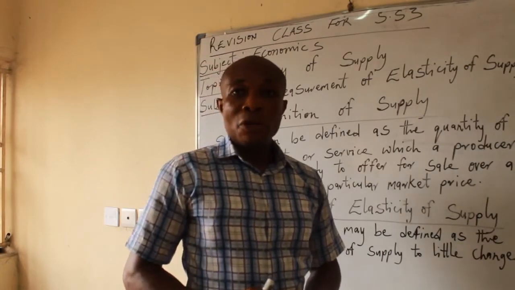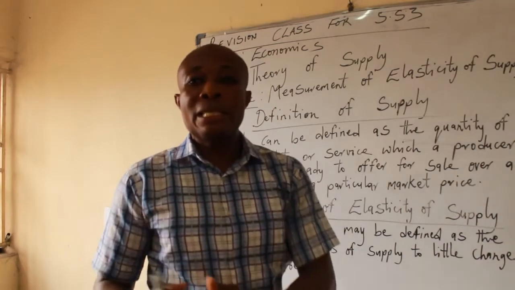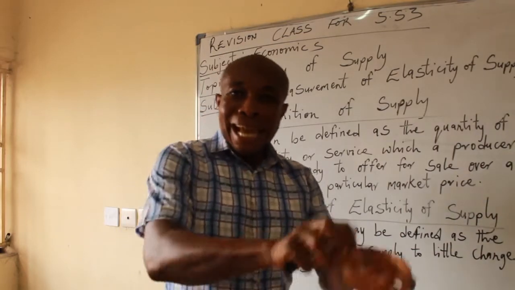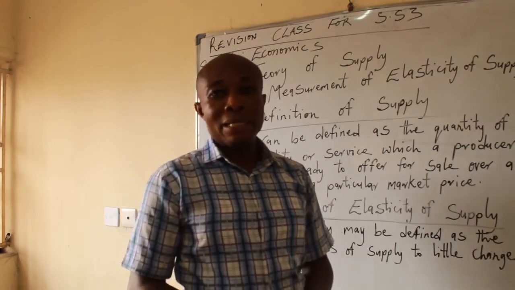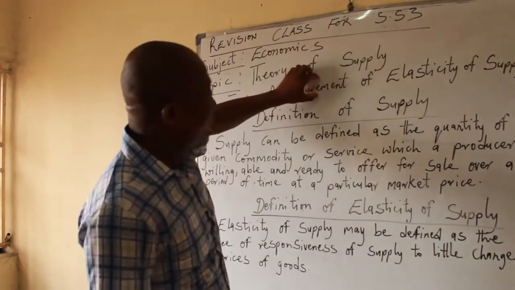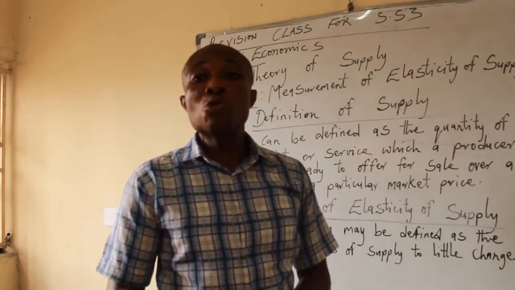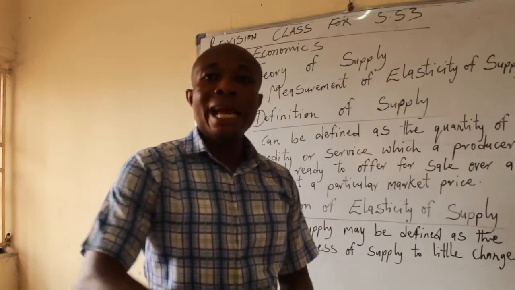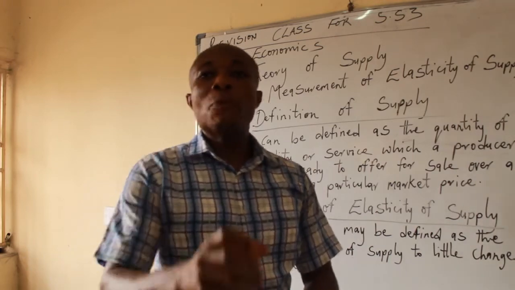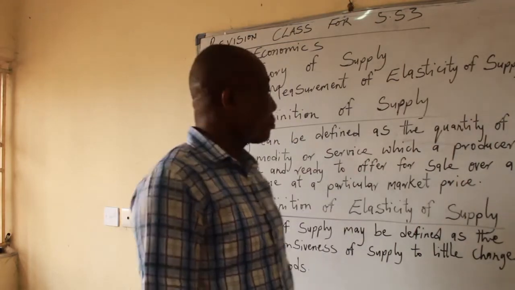Literally, you just say that the producer offers so and so quantity for sale, but the extent or the percentage may not be determined. This topic, measurement of the elasticity of supply, is going to enable us to know the degree or the extent the producer is willing to offer his goods for sale.